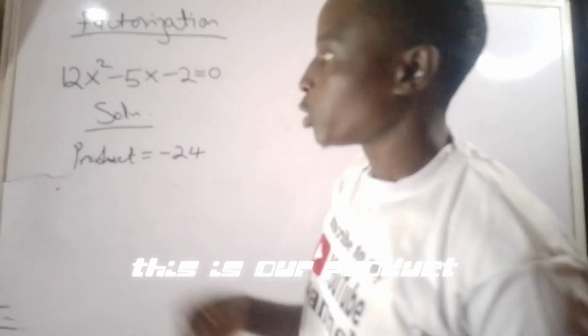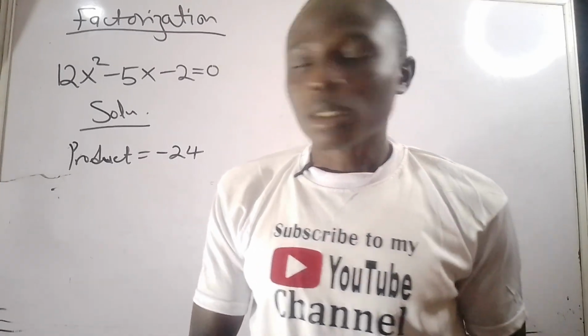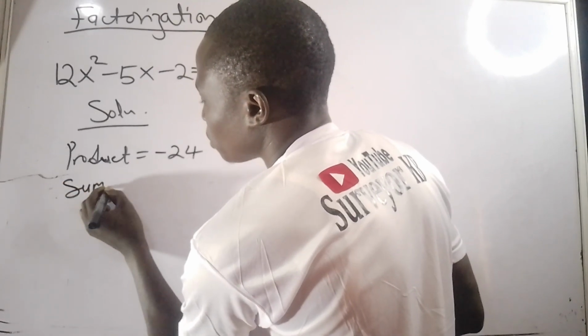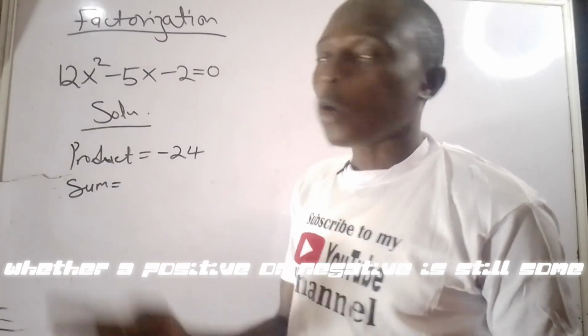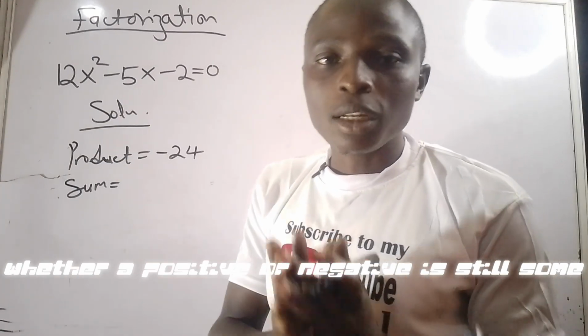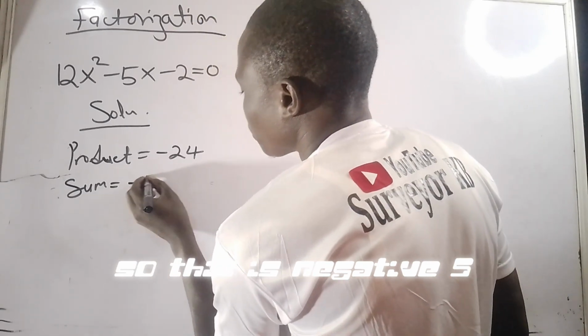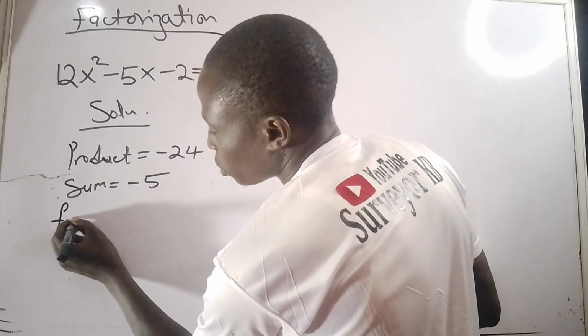This is our product, and as we know, product is multiplication. Then we need to know the sum. The sum is the coefficient of the middle term, whether positive or negative, it is still the sum. So this is negative 5.